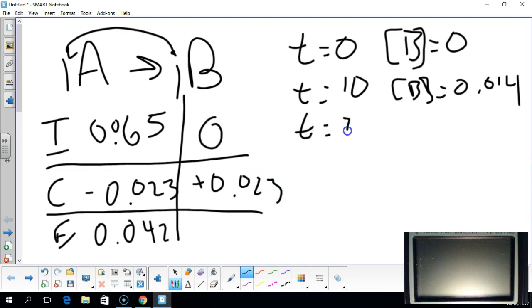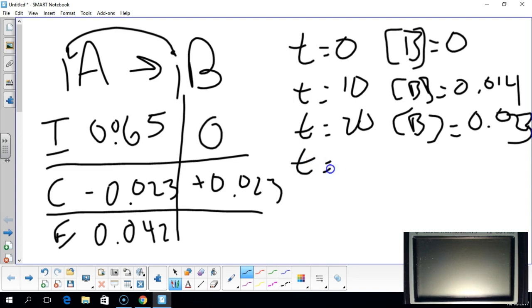So at 20 minutes, the amount of B equals 0.023. I'm not using my calculator here because I can do this math in my head, and it's okay if you can do this math in your head.